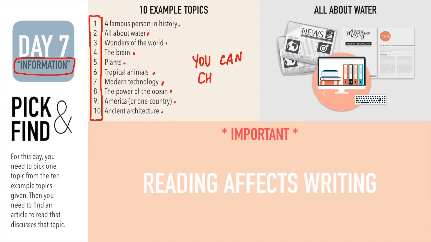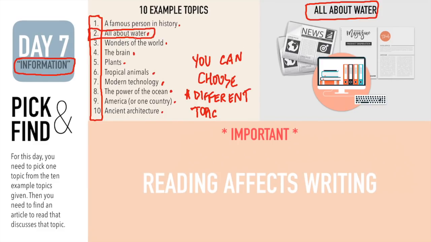You can choose a different topic, but these example topics will give you kind of a head start as you prepare and study and improve your writing skills. Now, for this one, I chose all about water, which was number 2. This is the one I want to focus on for our example, okay?